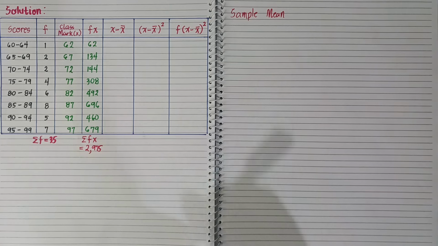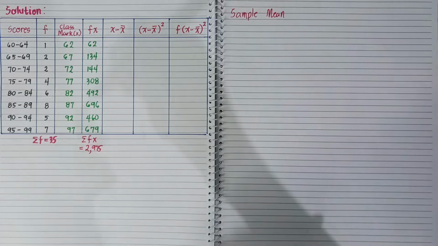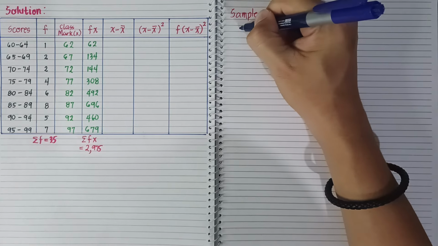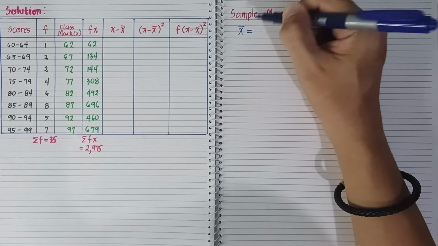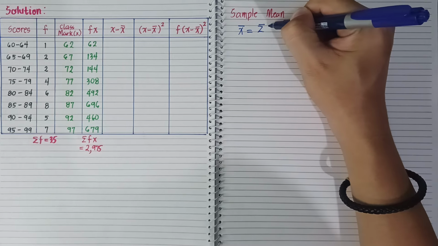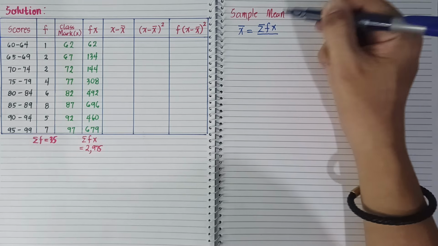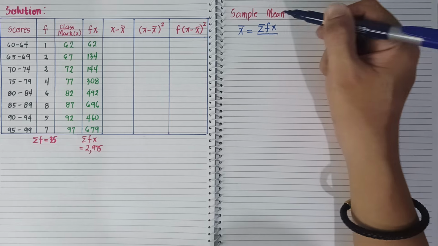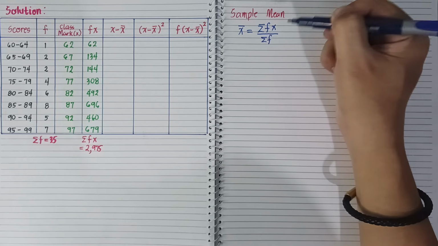The formula is x bar equals summation of fx, summation of frequency times the class mark or midpoint, divided by summation of f.